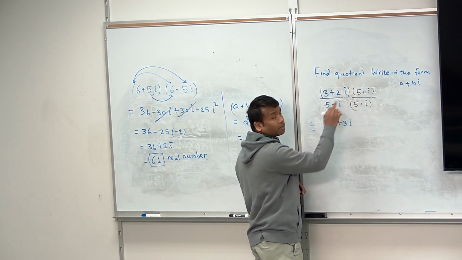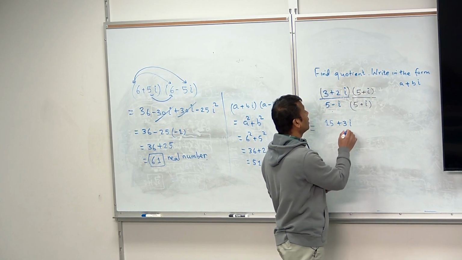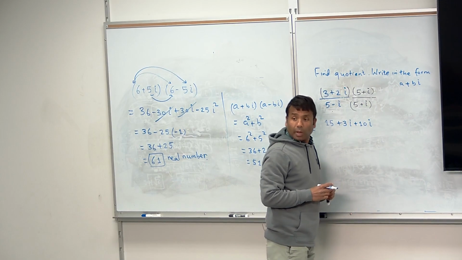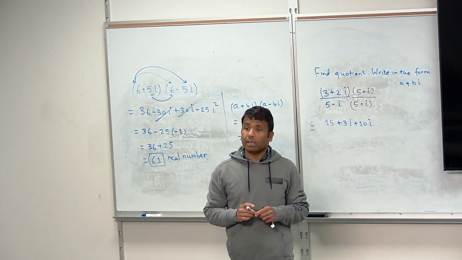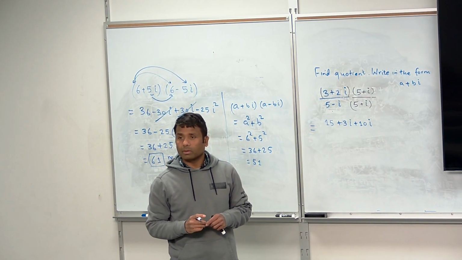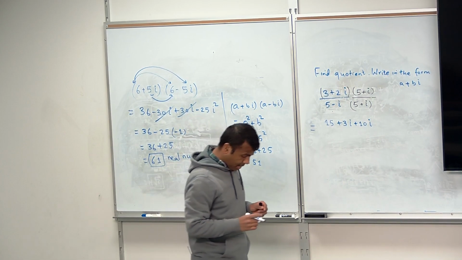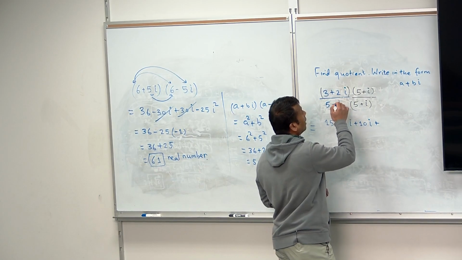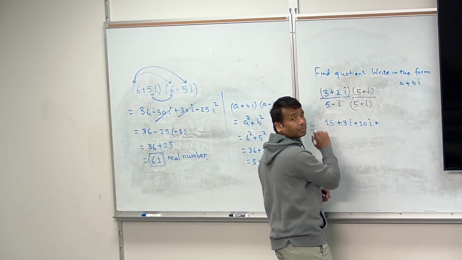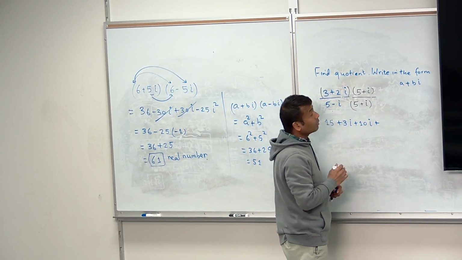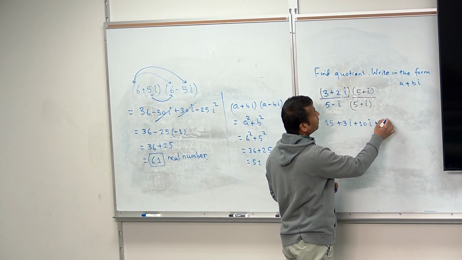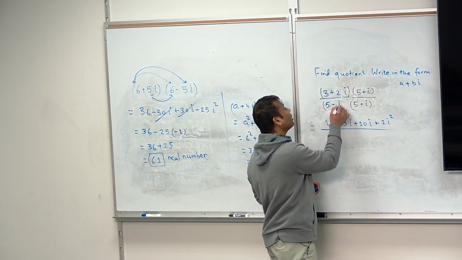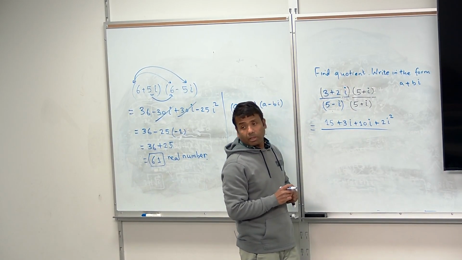What is 2i times 5? 10i. And what is 2i times i? 2i squared. And then in the denominator, you have 5 minus i times 5 plus i.